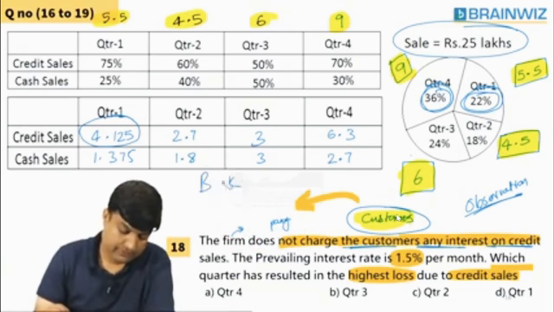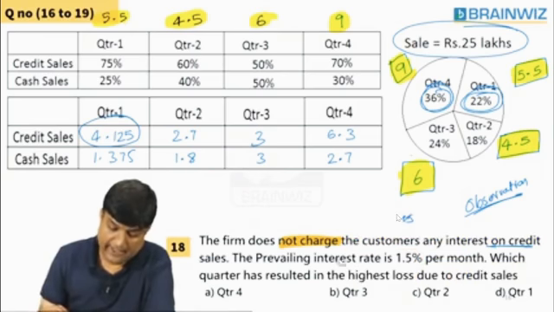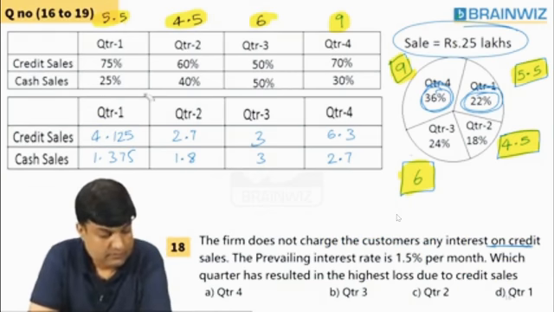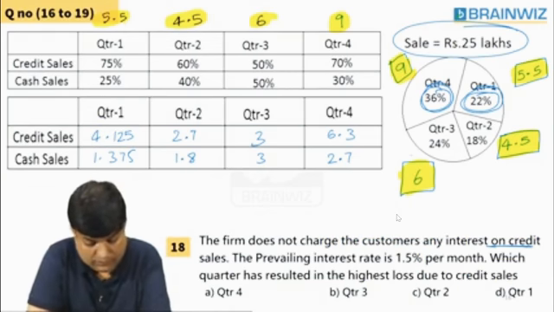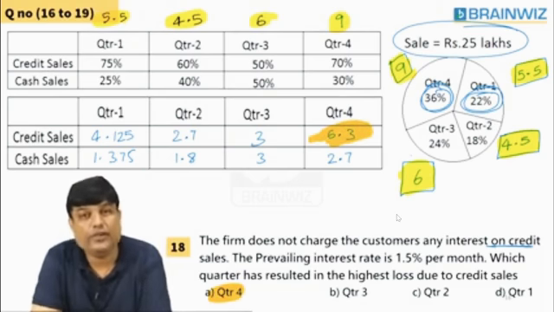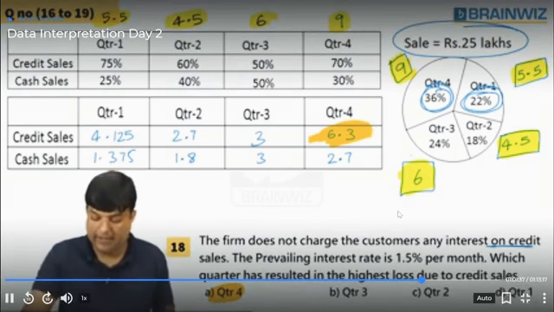People are saying A. Reshma is saying A. Are you sure A? Quarter 4. Look at quarter 4. The highest credit was given in that quarter. Definitely the company is going to be in loss. Are you understanding, everybody?